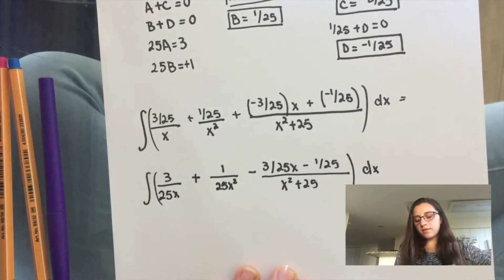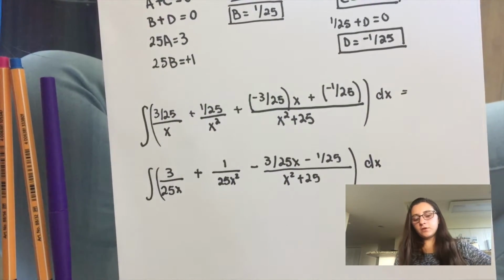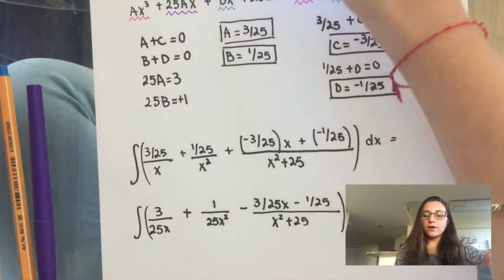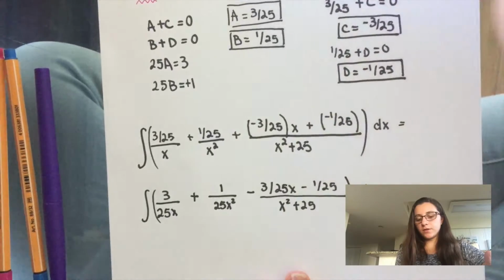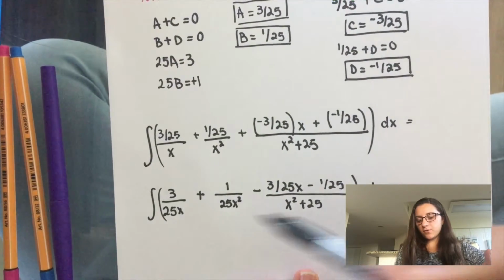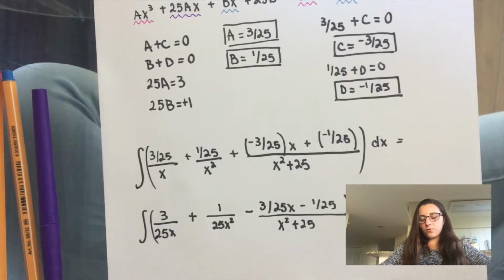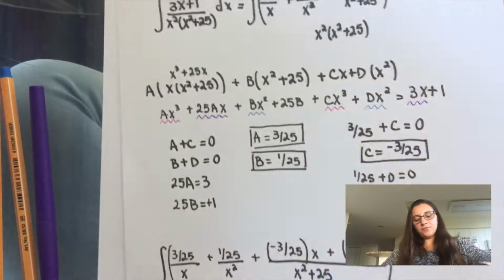So now we see that from a very complicated integrand, 3x minus 1 over x squared times x squared plus 25, we get something that we can easily integrate. So we're going to go ahead and integrate now.